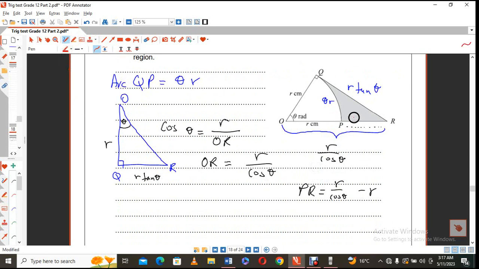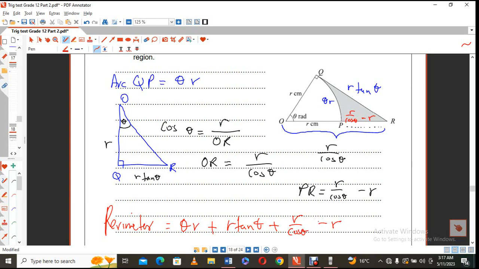So this over here is r over cos theta minus r. That's what the distance is there. So the perimeter can be calculated as theta times r plus r tan theta plus r over cos theta minus r.